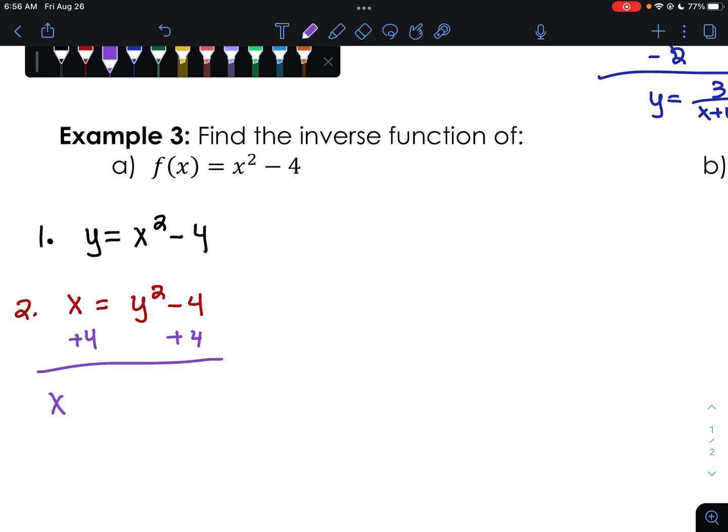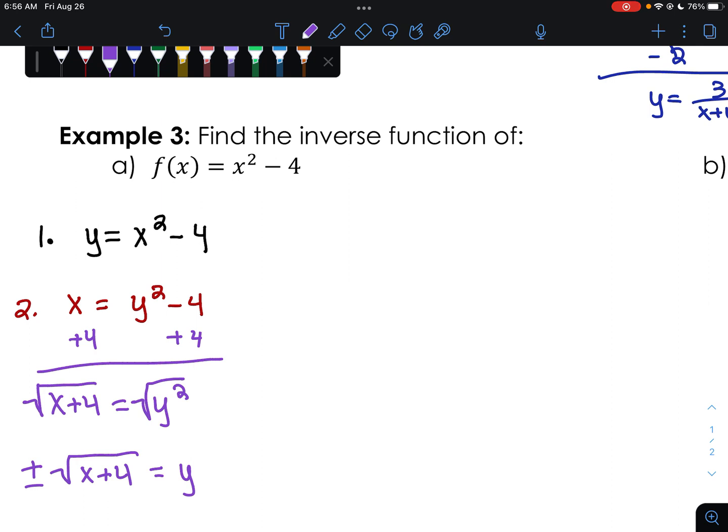Now the inverse or opposite operation of squaring something is taking the square root. So we're going to take the square root of both sides. But when I take the square root and I'm solving an equation, I have to remember plus or minus the square root of x plus 4 is equal to y.